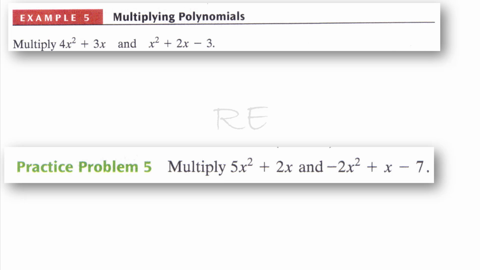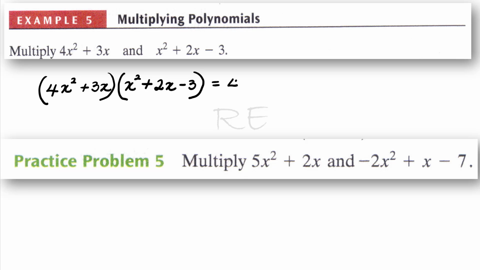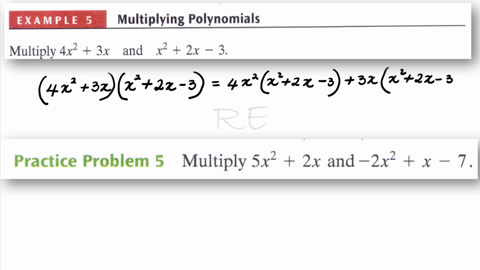Multiplying polynomials. 4x squared plus 3x times x squared plus 2x minus 3. 4x squared times the whole thing, x squared plus 2x minus 3, plus, by distribution, 3x times the whole thing, x squared plus 2x minus 3.